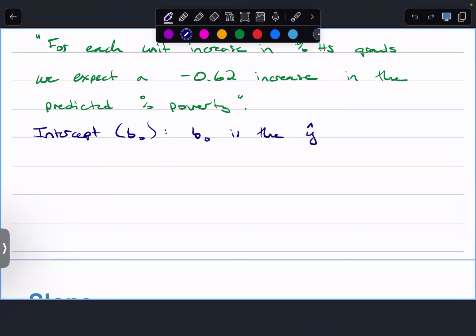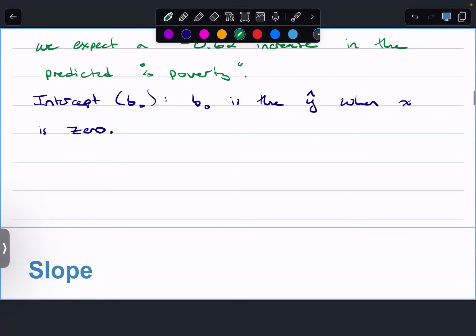B0 is the predicted value of Y when X is 0. Okay. Again, when X is 0 is a key component of this interpretation, right? It's not always the predicted value of Y. It's only the predicted value of Y when X is 0.